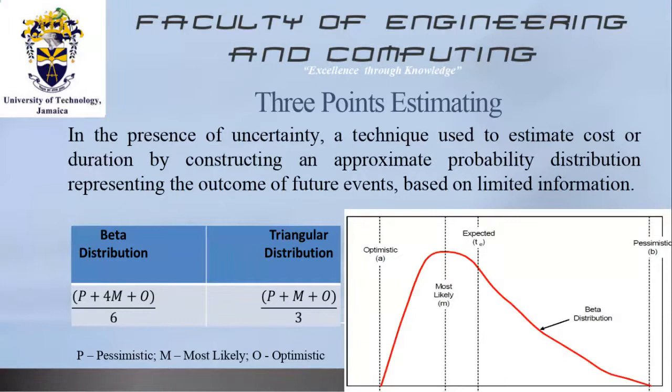There is what is referred to as 3-point estimating, and this is typically used when we have moments or elements of uncertainty. So for cost and duration estimates, one could construct an approximate probability distribution which represents outcomes and future events based on the information that we have.